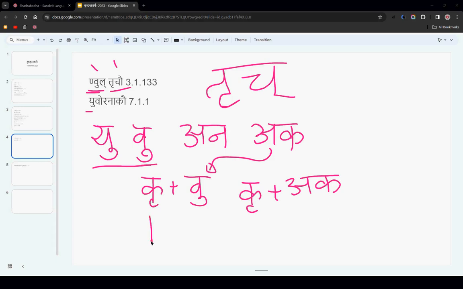Now we have to look at the Dhatu. Kru also has Ka plus Ru, then Aka. Ka plus Ru plus Aka. Now this Rukara gets a Vruddhi. What is the Vruddhi form of Rukara?